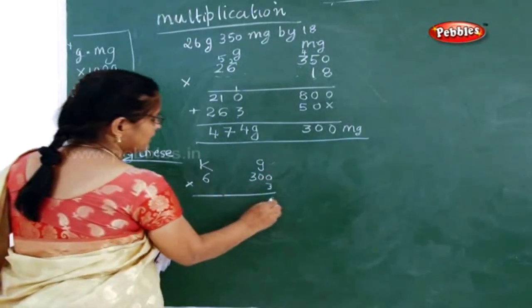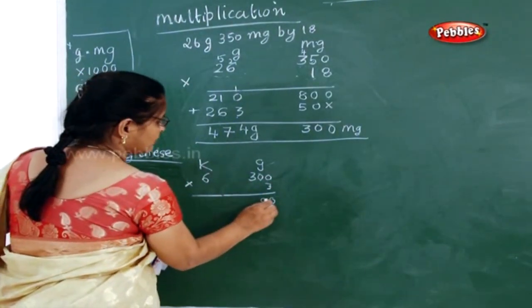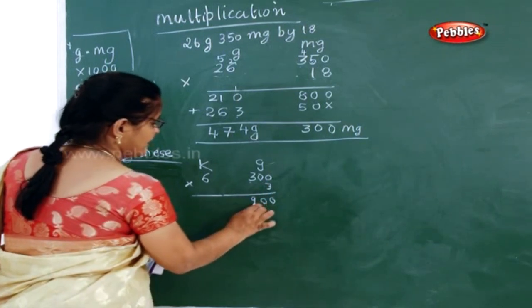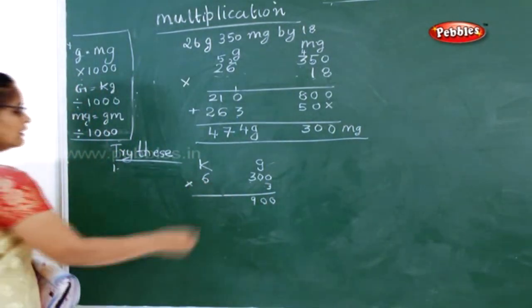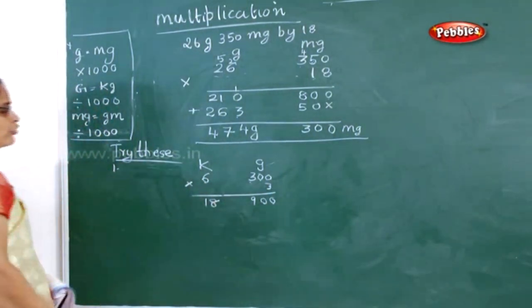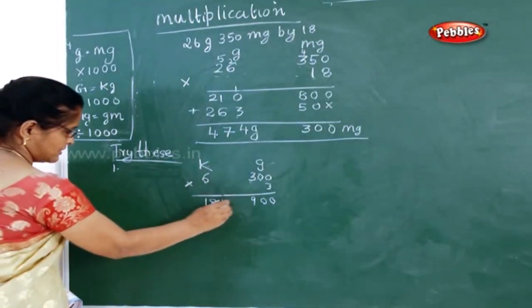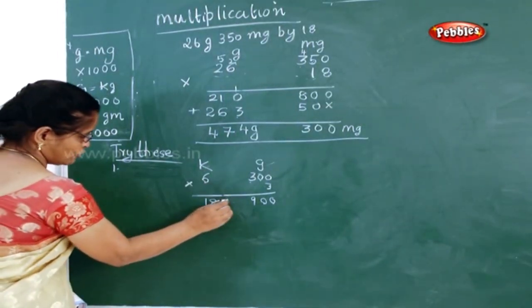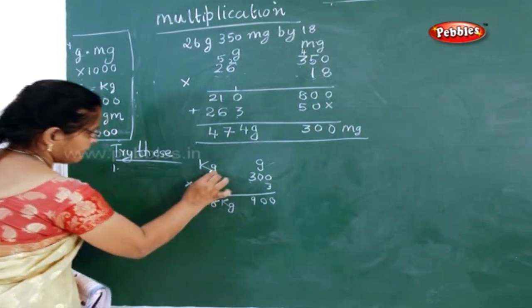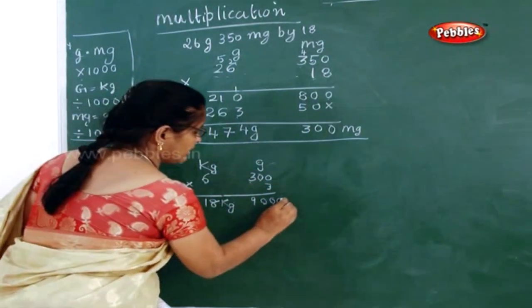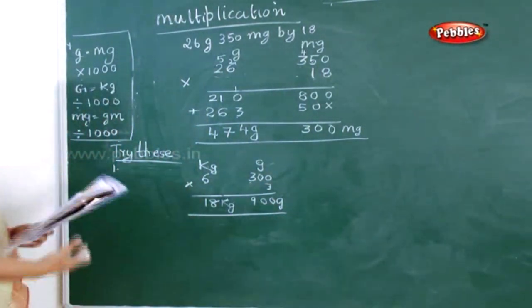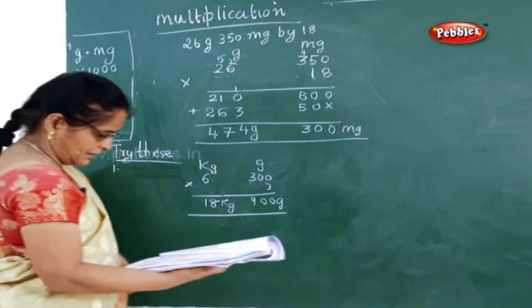Now 0 3s are 0, 0 3s are 0, 3 3s are 9, 6 3s are 18. Now what you have to write here? That is kg. Kg should be written here, and this gram should be written here. Is it clear now? 18 kilos and 900 gram.